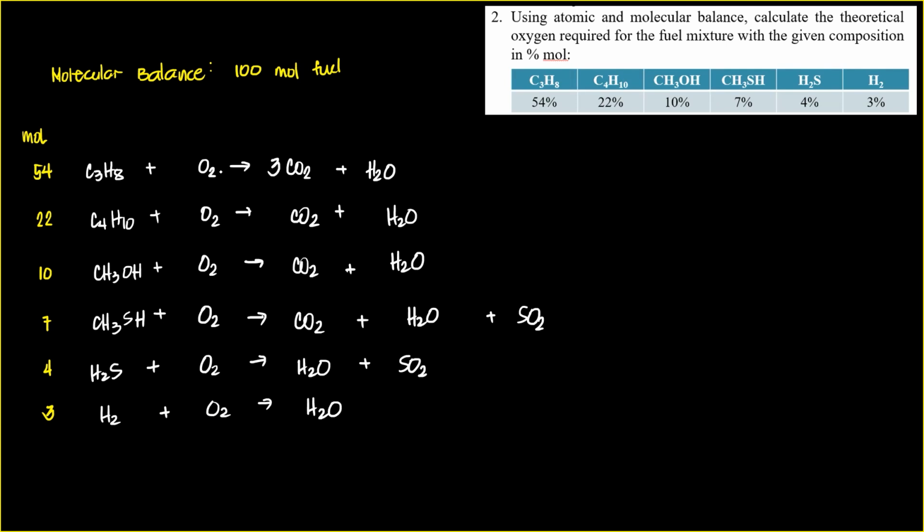We need 3. Ilang hydrogen? This is 8. So this is 4. Tama? So how many oxygen do we need, guys? How much do I need? 10 na oxygen. So, ano dapat to?